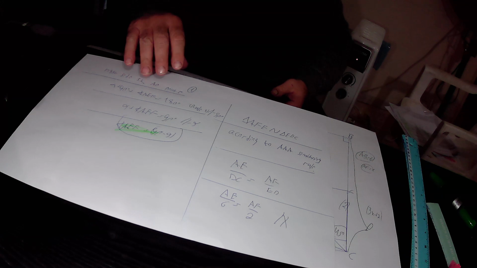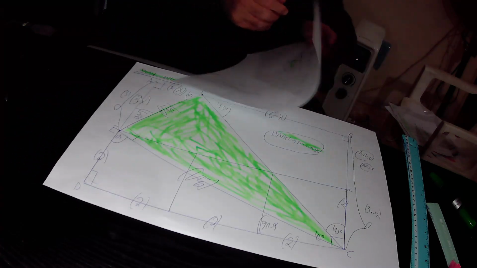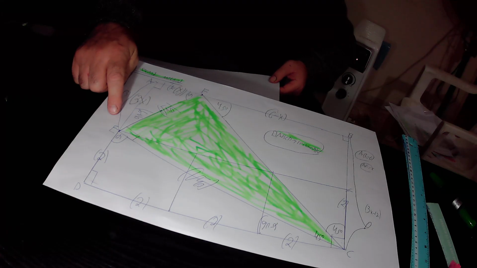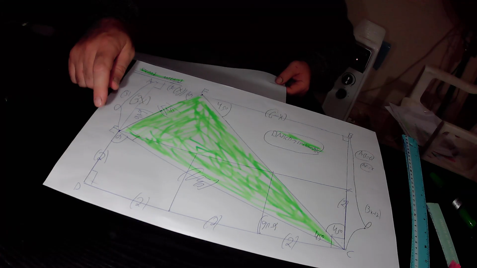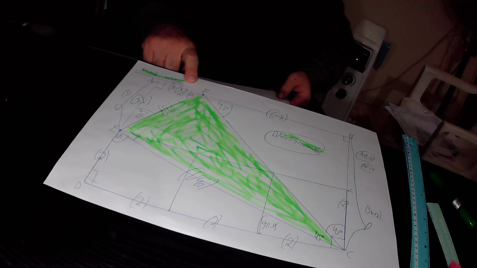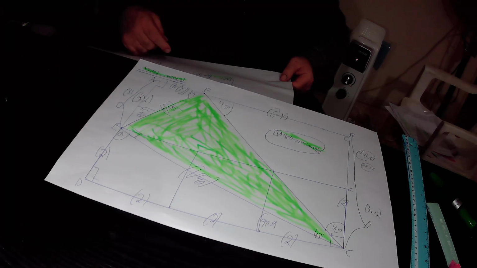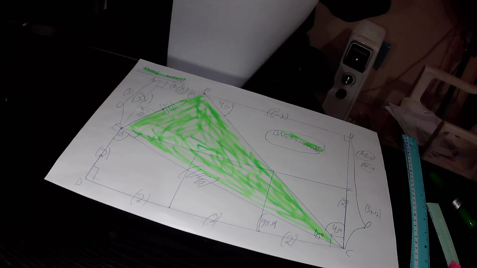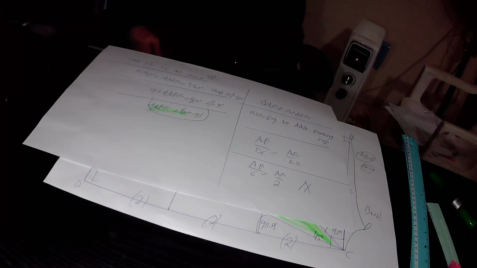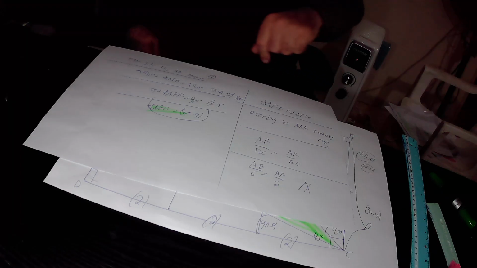And from the fact that the right triangle AFE is similar to the right triangle EDC, we derive that the following relationship exists between their sides: side AE of the upper right triangle AFE over side DC of the right triangle EDC equals side AF of the upper right triangle AFE over side ED of the right lower triangle EDC.